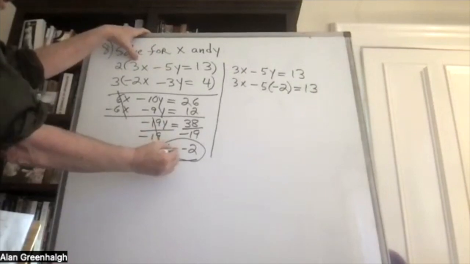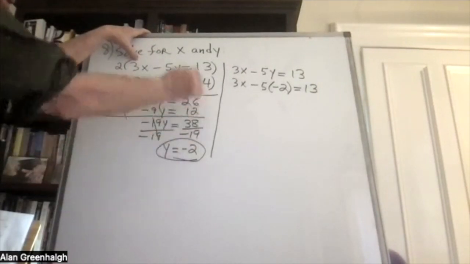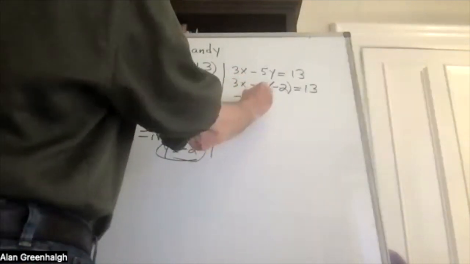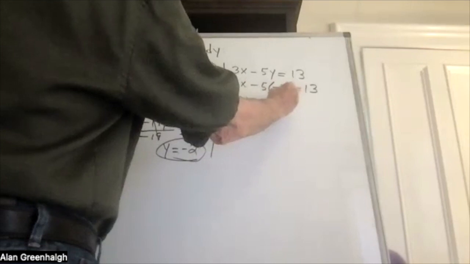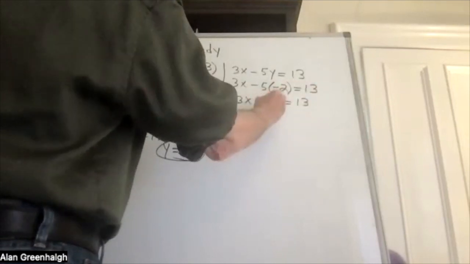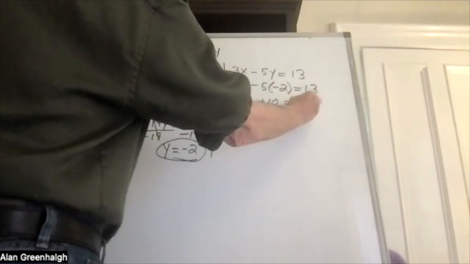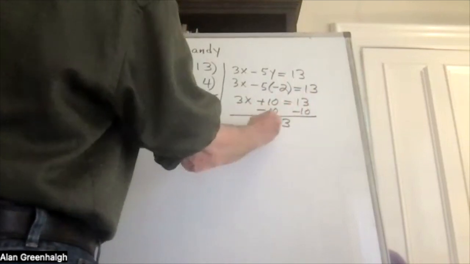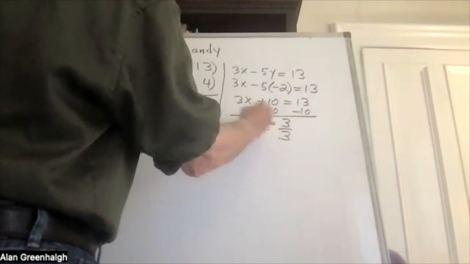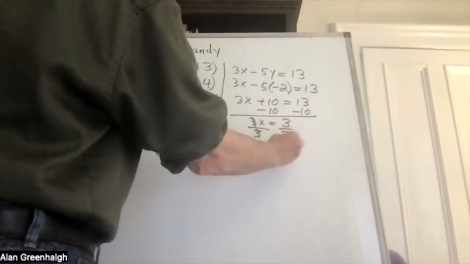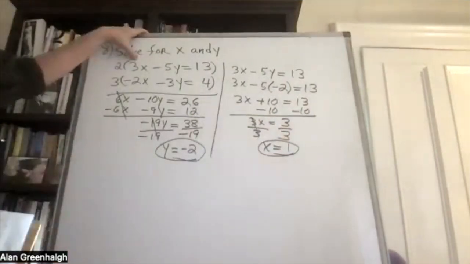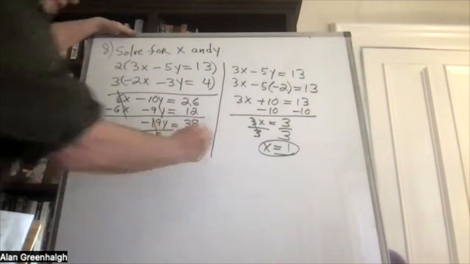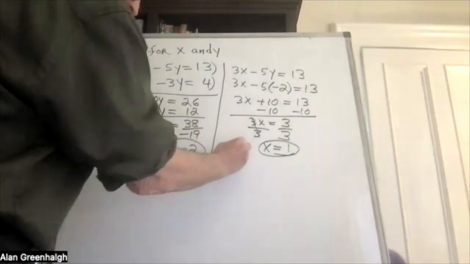So this -2 gets substituted in here, and that will give us 3x plus 10 equals 13. 3x equals 3. And x is equal to 1. And the answer is 1, -2.